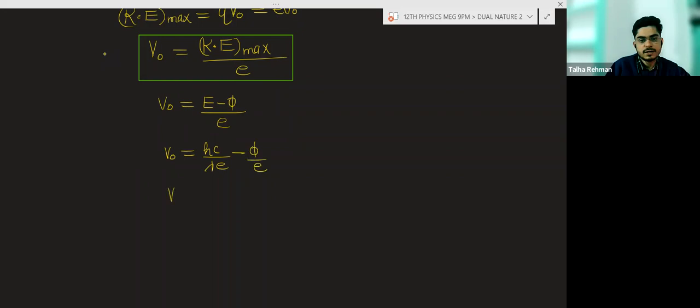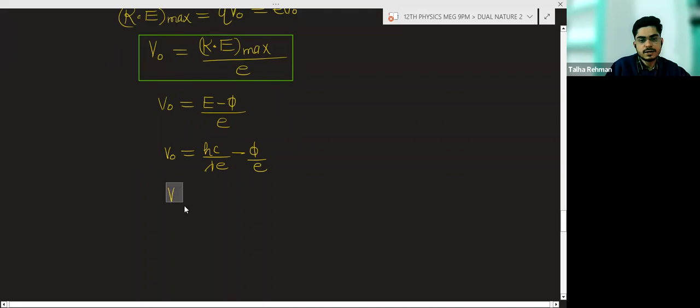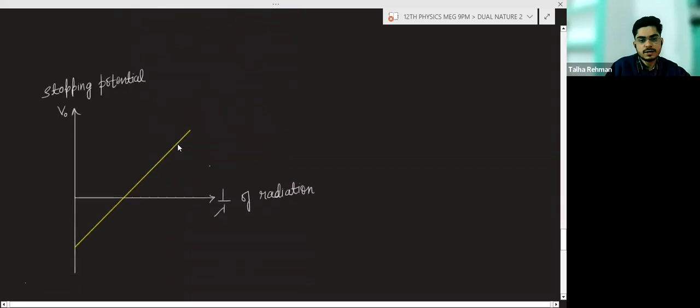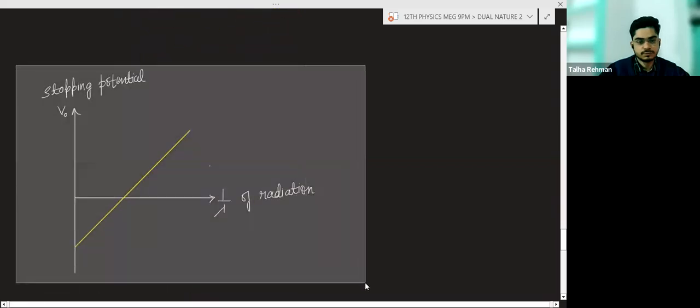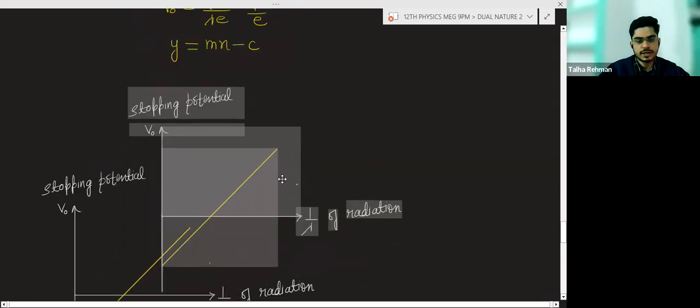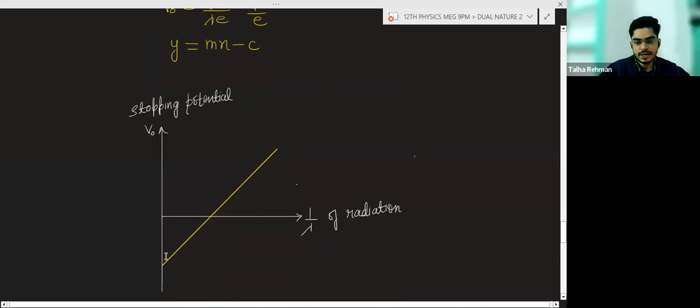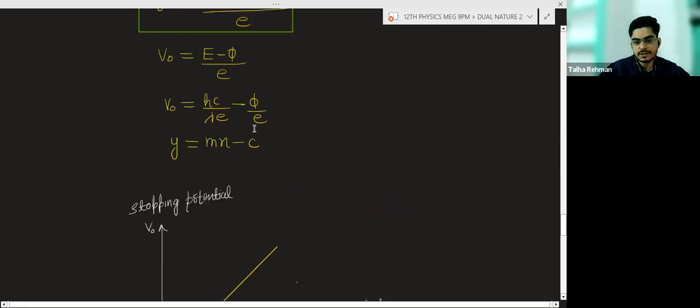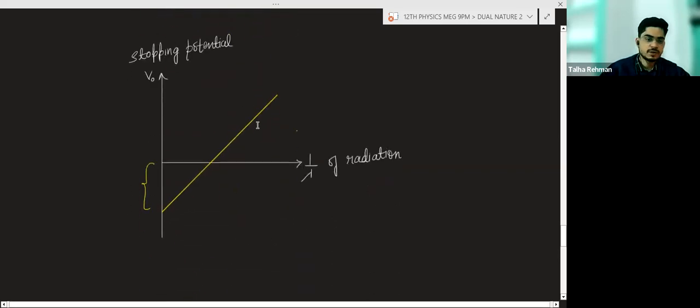Okay, so we can draw the graph between V naught and 1 by lambda. It is a straight line graph with negative y-intercept, and this value of intercept will be C. C is the intercept, so phi by e.